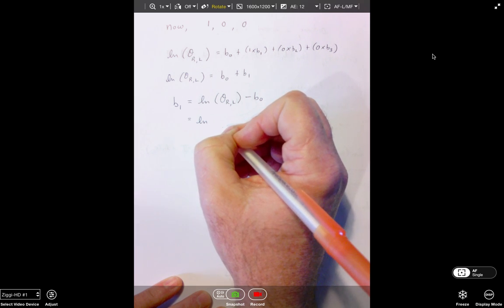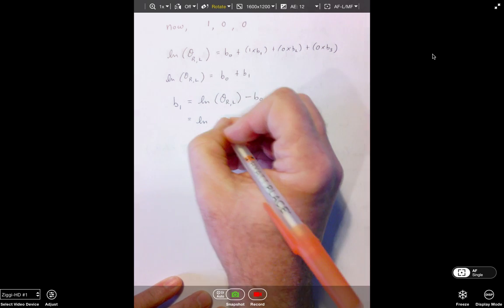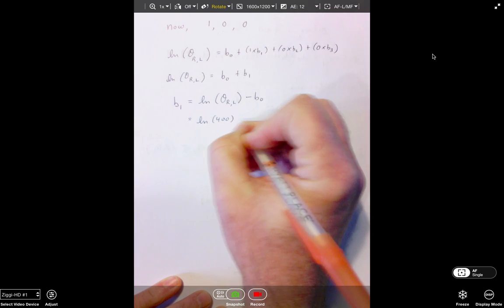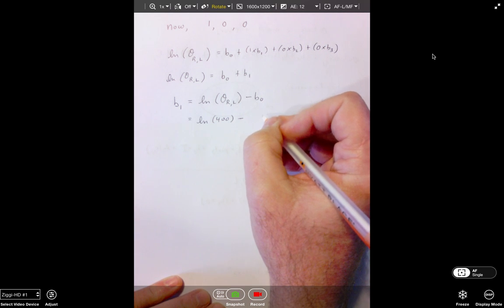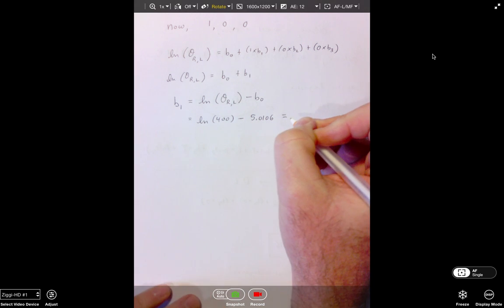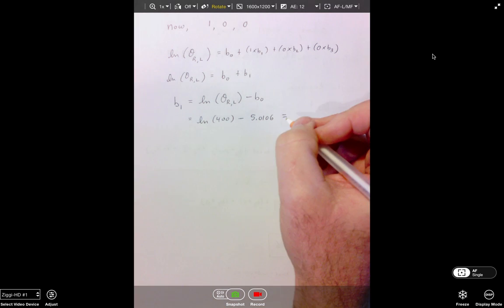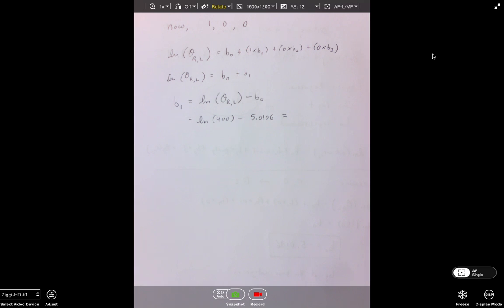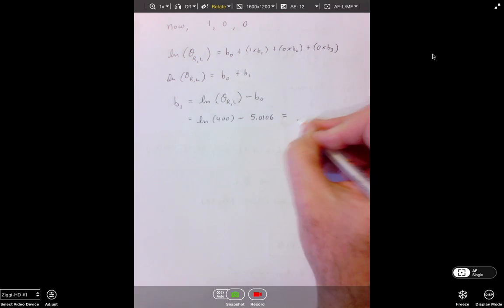With the party being 1 and the belief being 0, that's going to be 400. And B0 is 5.0106. Let me grab my calculator here. And guys, I get 0.9809.